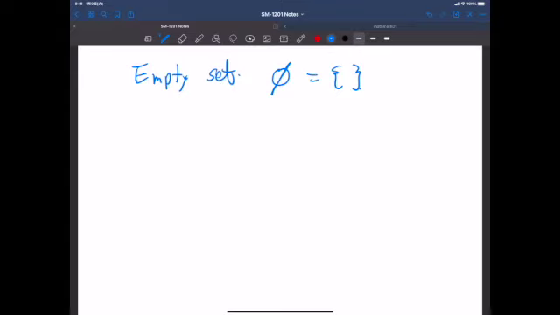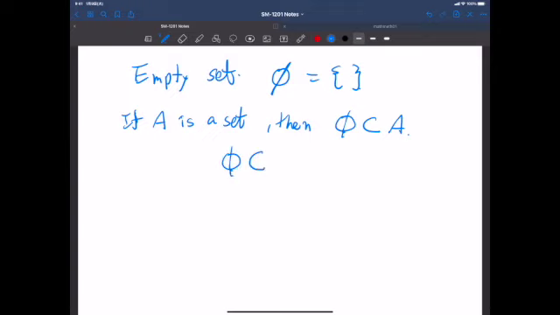And what's important to note is that the empty set is a subset of any set. If A is any set, then the empty set is a subset of that set. For example, the empty set is a subset of the set of real numbers, and so on.